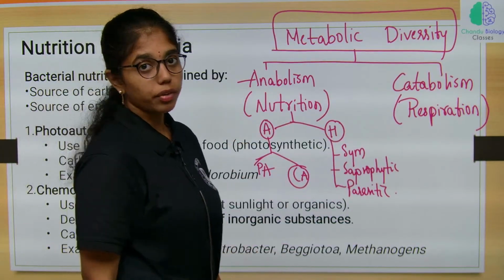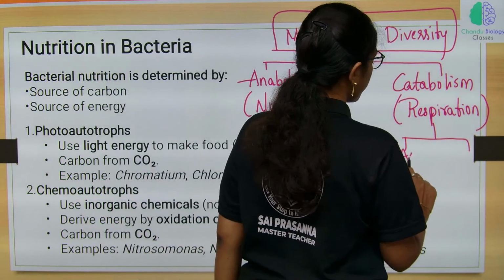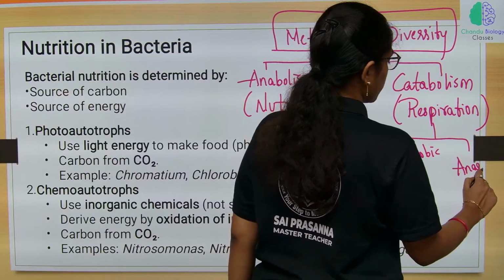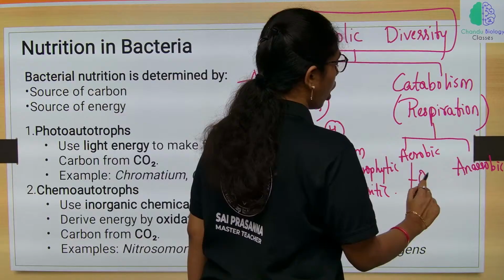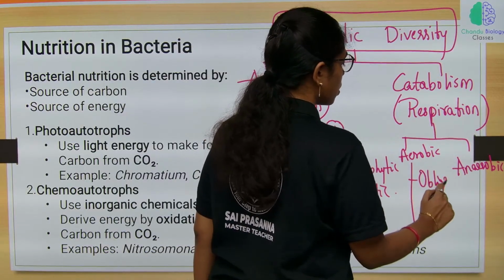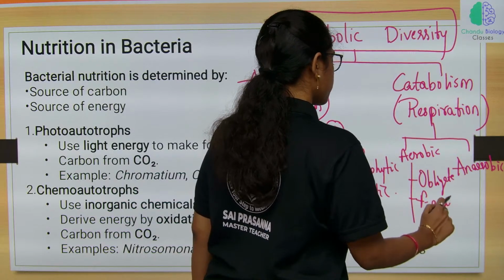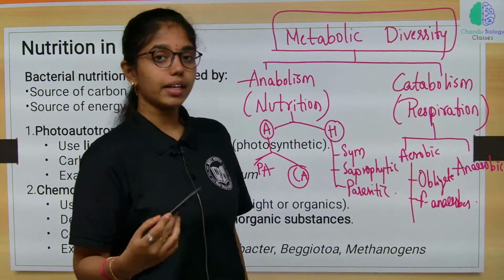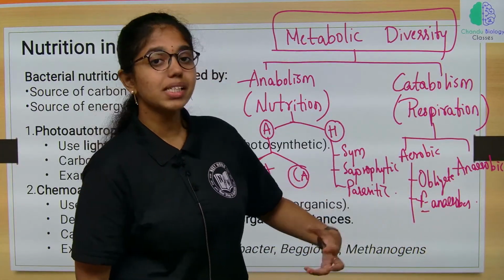In respiration, if you have to see, we have aerobic and anaerobic respiration. In aerobic respiration, we have obligate aerobes or facultative anaerobes. To remember facultative anaerobes and facultative aerobes, there is a small trick. Facultative means nothing but sometimes.